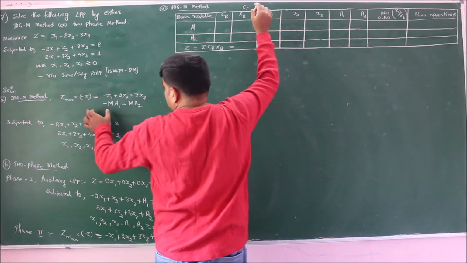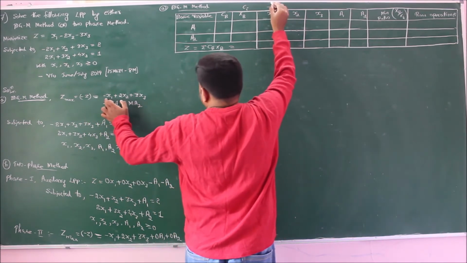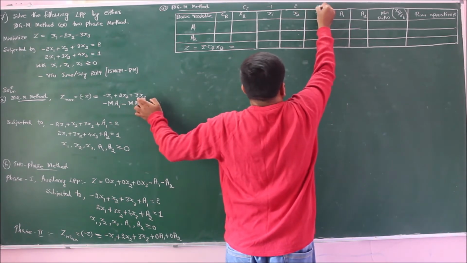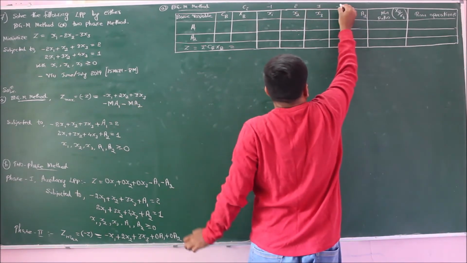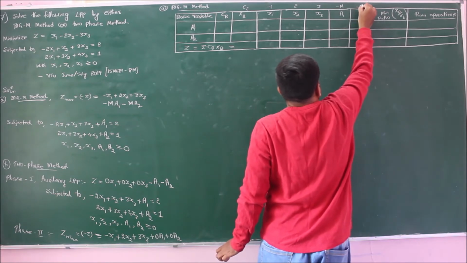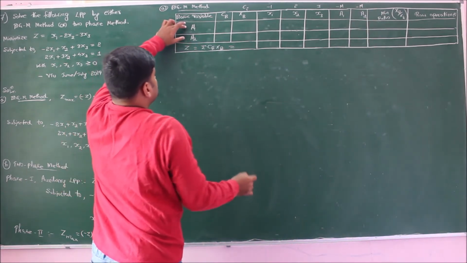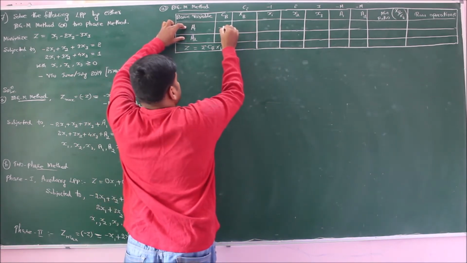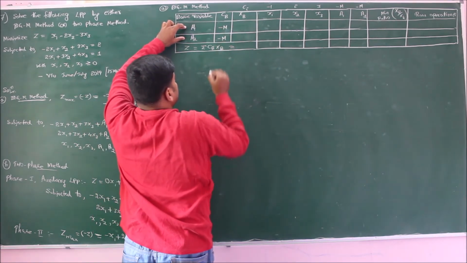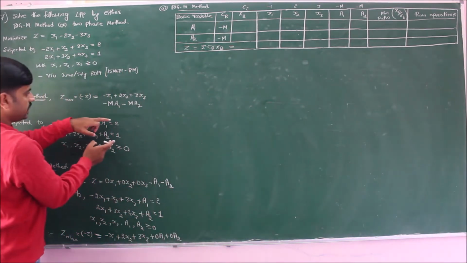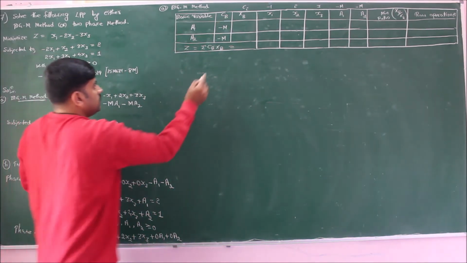The coefficients of Cj are minus 1, plus 2, plus 3, minus Big M, minus Big M. Now, coming for the coefficients of a1 and a2, the coefficients are minus Big M, minus Big M. So coming for XB, XB is the RHS of the linear equations, that is 2 and 1.